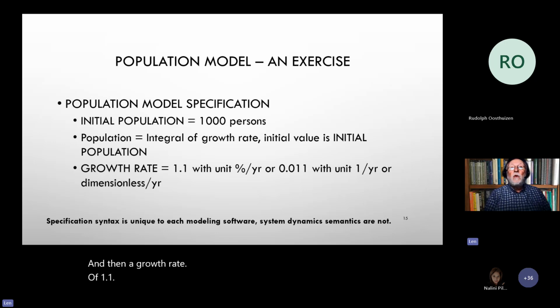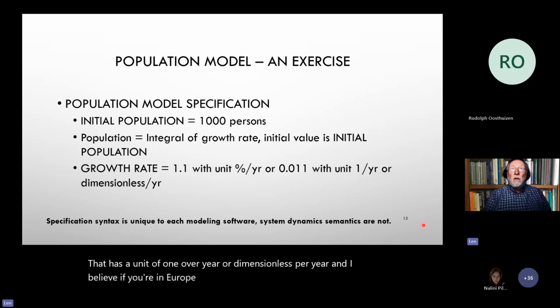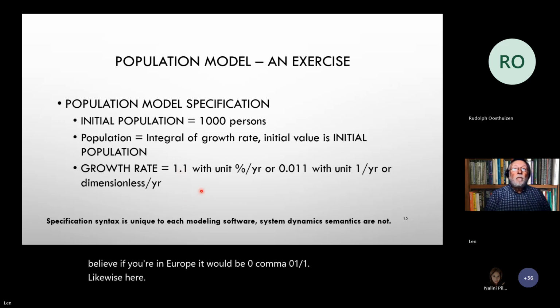Depending on the software you use, the unit might be percent per year or 0.011. That has a unit of 1 over year or dimensionless per year. And I believe if you're in Europe, it would be 0,011. Likewise here, it would be 1,1. Okay? Everybody with me?